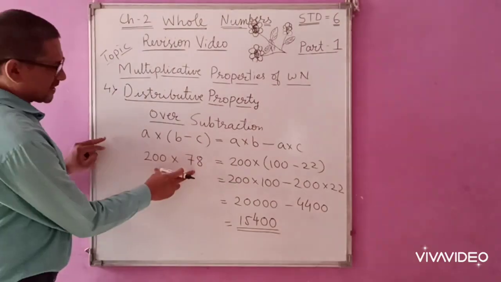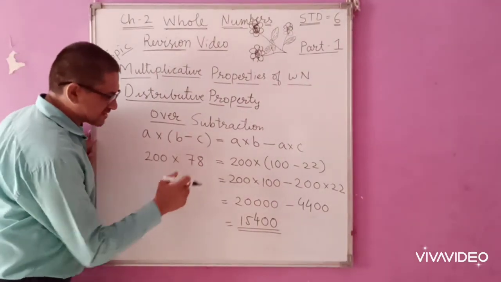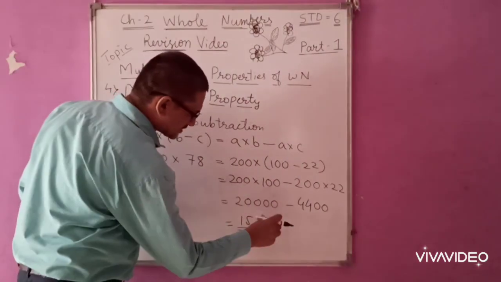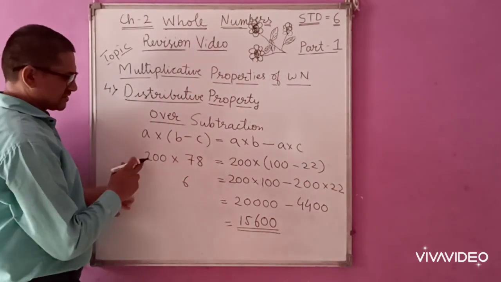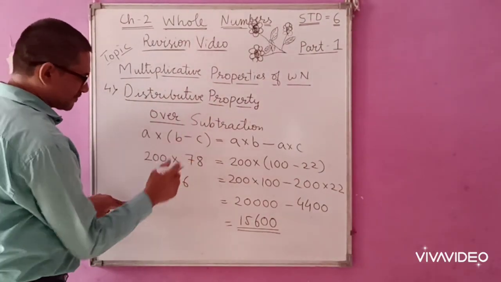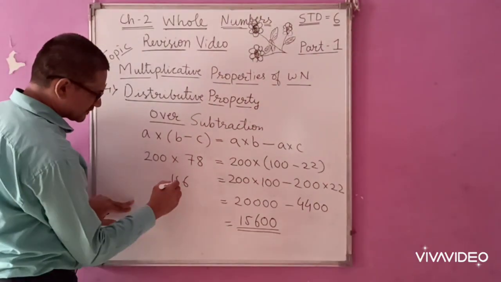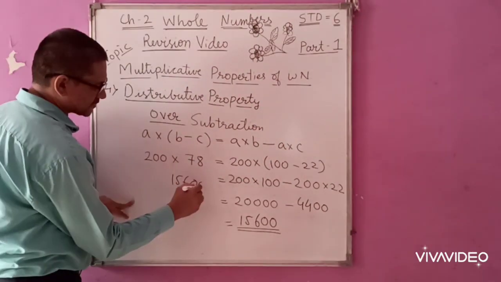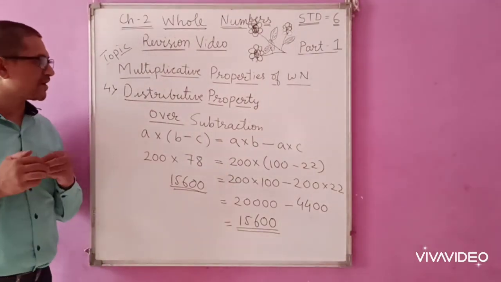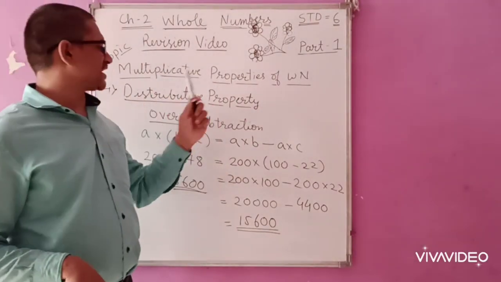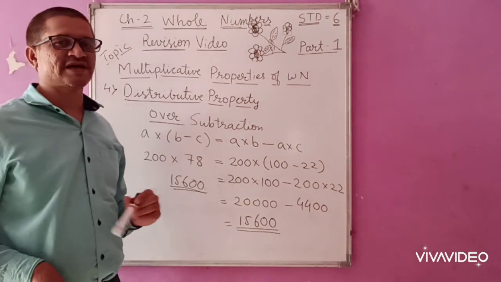Now if you multiply this directly, 2 8s are 16, 2 7s are 14 plus 1 is 15, plus 2 zeros extra. So this is the distributive property of multiplication over subtraction.